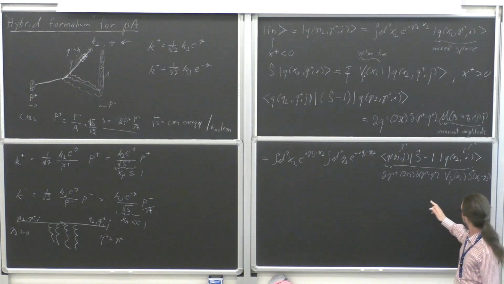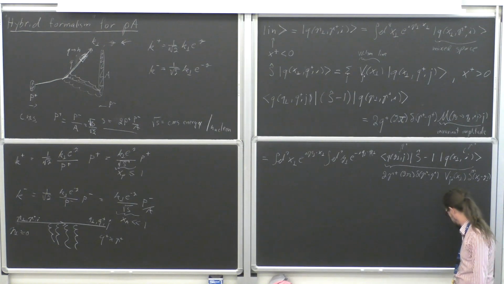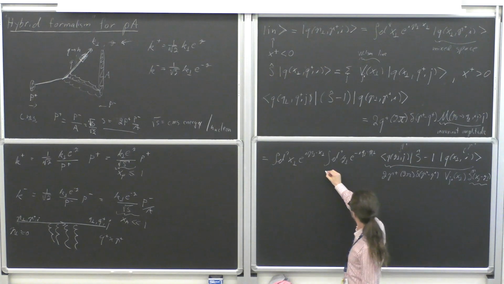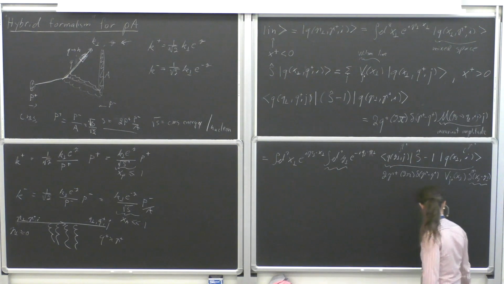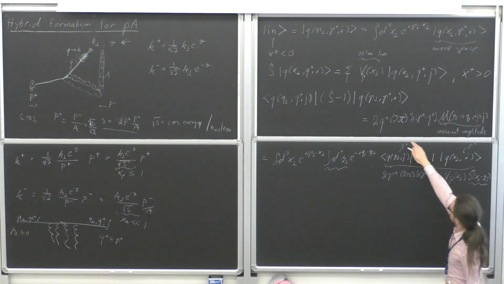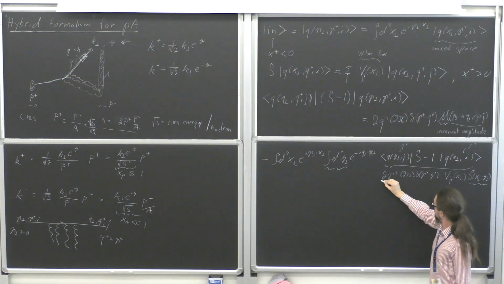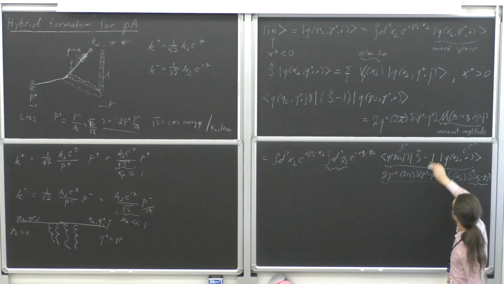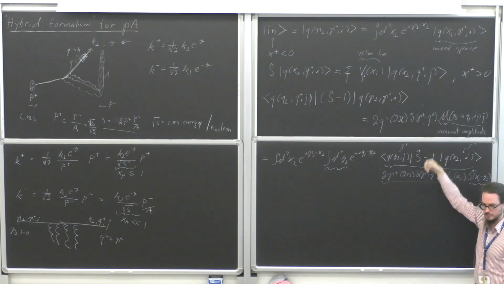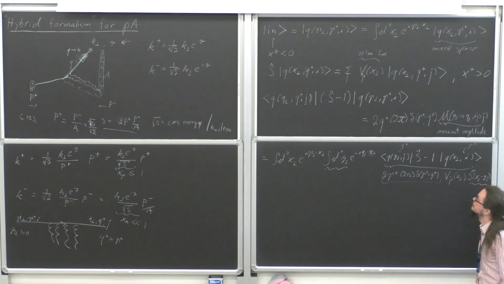So now I can use this delta function to integrate out the y-perp coordinate. Then I split out this factor. So it is not part of the invariant amplitude.